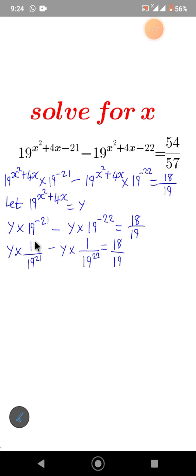Then now y will multiply 1, so here will be y times 1, that's y. So we have y all over 19 raised to the power of 21 minus y multiply 1 again, so we have y all over 19 raised to the power of 22 all equal to 18 all over 19. The next step will be to multiply each term by 19 raised to the power of 22.